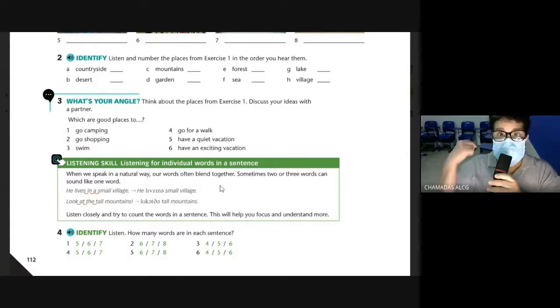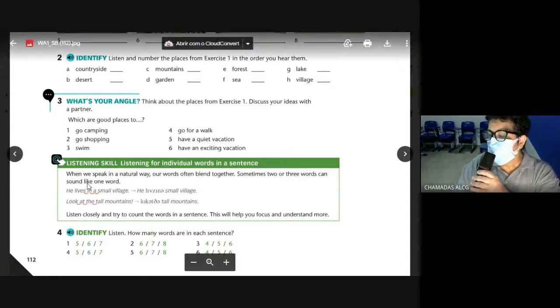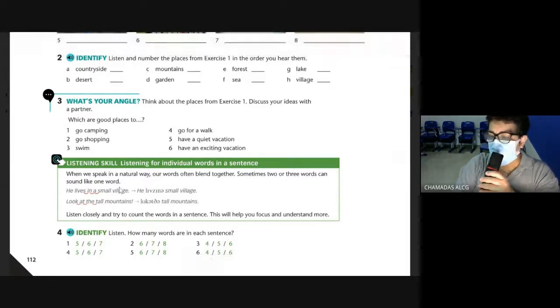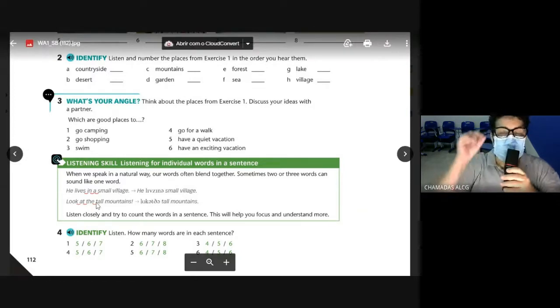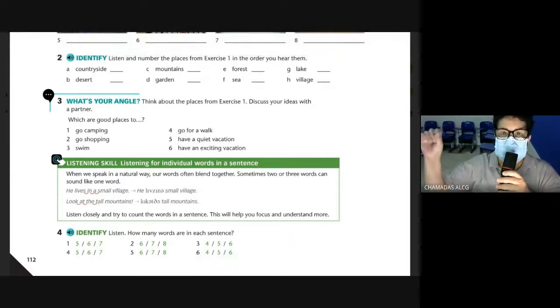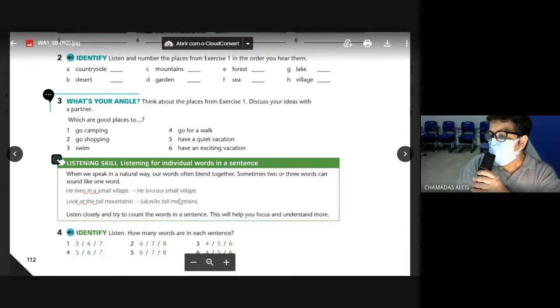We saw that last week. Sometimes two or three words can sound like one word. So we saw how we link words in a sentence when we speak. He lives in a small village. Look at the tall mountains.